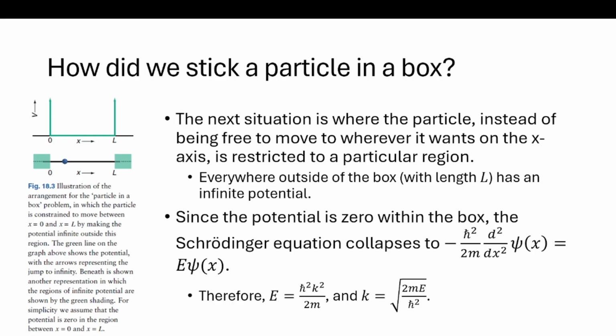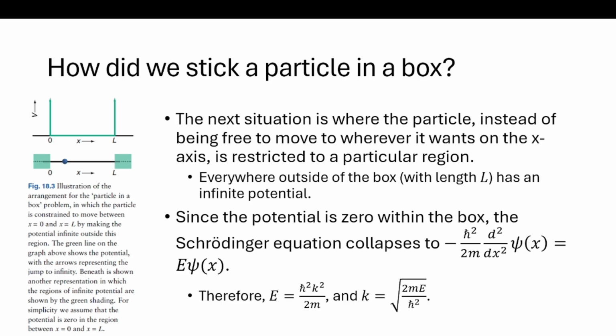Now, on one random day, what if I just wanted to force this particle into a restricted region? It's not going to move freely on the x-axis or on the number line. No, it's actually going to stay in a sort of box where it's going to be restricted to just the boundaries.